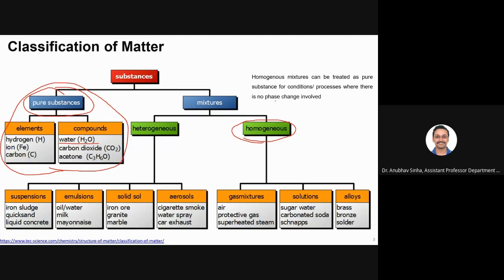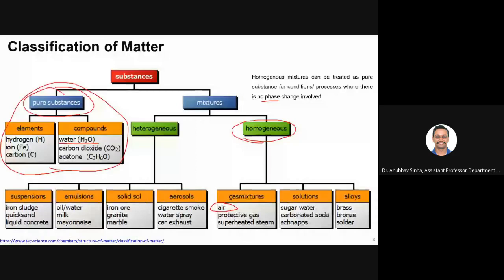So where basically no phase change is involved, we'll talk about homogeneous mixtures. For example, air. So air we'll take as approximately a pure substance, or we can use the same equations which we use for pure substance without any major modification.